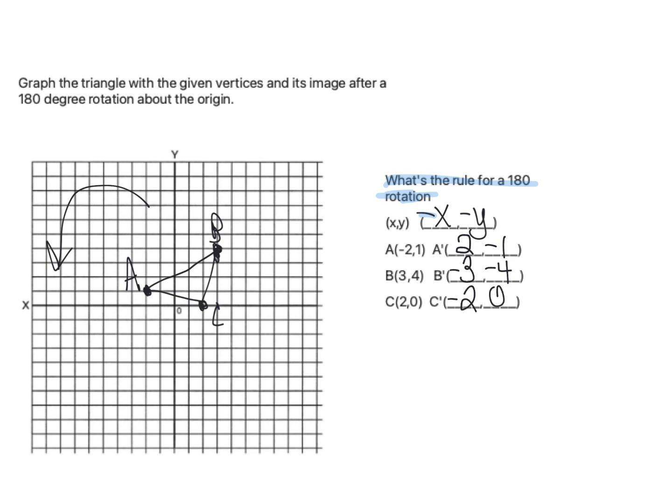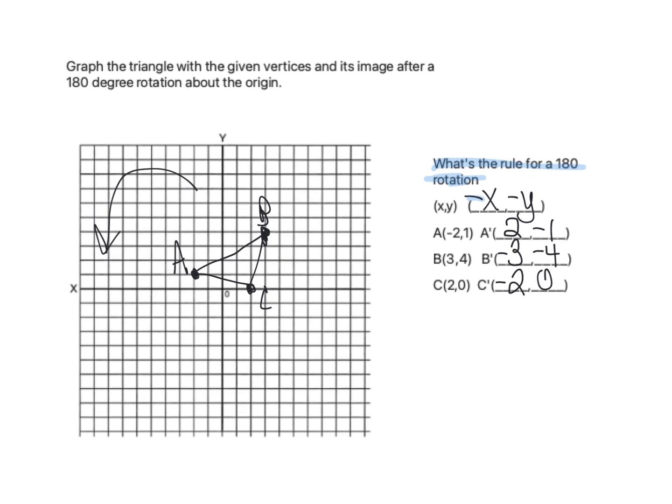So if we graph those new ordered pairs, (2, -1), there's going to be our A prime right down here. B prime is going to be at (-3, -4), which will be right there, and then C prime is at (-2, 0), right there. And if you notice, the size and shape of the triangle has not changed. It is just rotated halfway around, or 180 degrees.